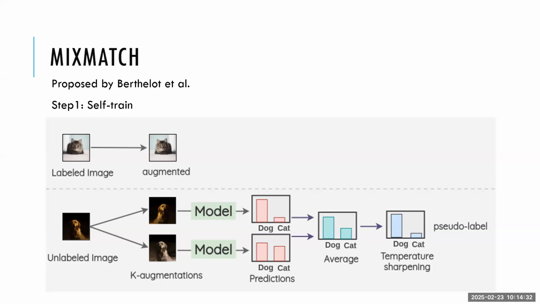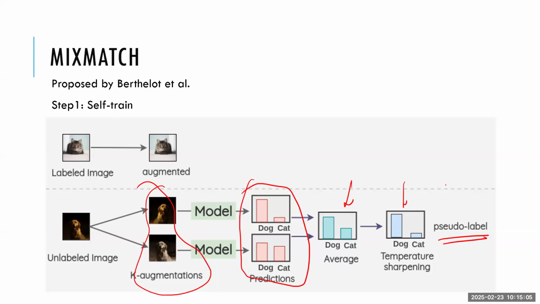Now, the pseudo label for MixMatch is not just from the original image passed to the model; they actually augment the image and get the prediction. They take the average of all the predictions of the augmented data, and then you do temperature sharpening to make sure that one is more prominent than the other, and then you get the pseudo label.